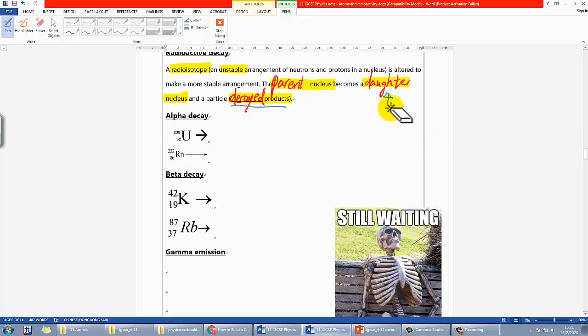If you haven't done that, please make sure you try it first, or you can look at my example here. I'll try this one and this one for you so that you can practice. This is the question. Assuming we already know it is alpha, alpha is 4,2.